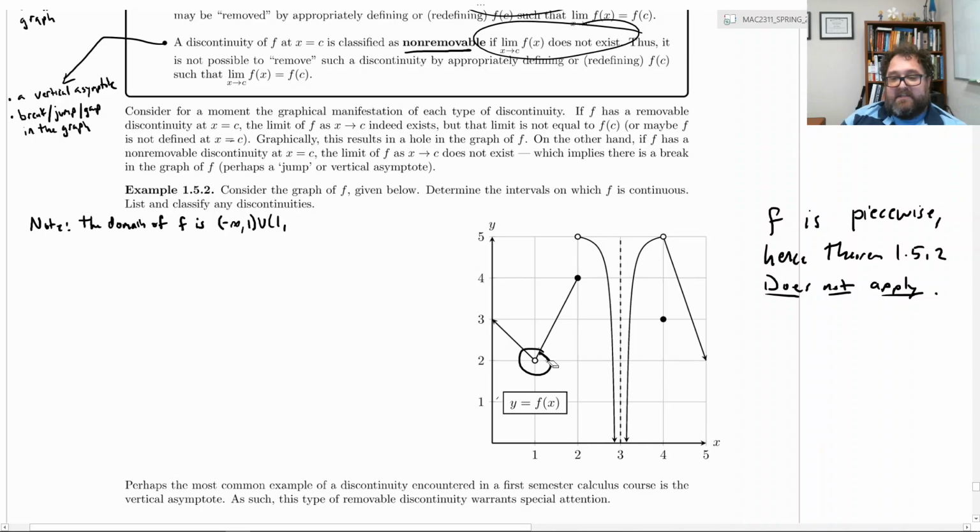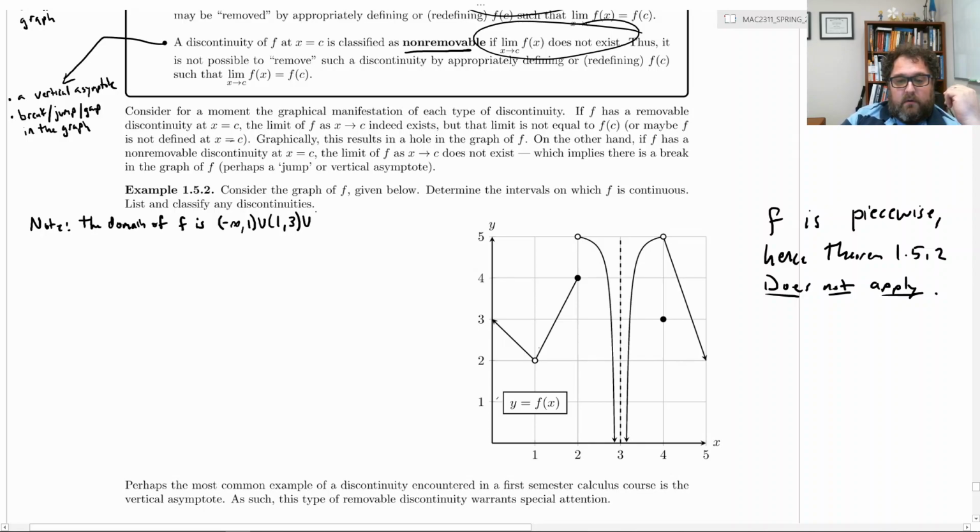Now, where's the next problem with domain? Well, notice here is not a problem with domain. There is a hole, but there's a solid dot right below it, which means the function's still defined at 2. The y value, f of 2, is 4. Okay? But now there's a vertical asymptote at 3. So we would say 3 is not in the domain because, of course, a function is not defined at a vertical asymptote.